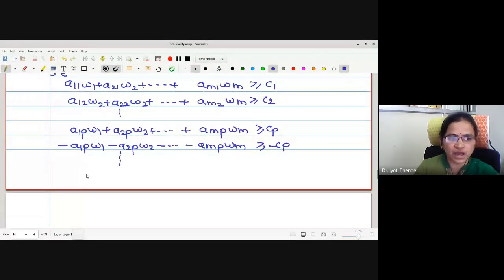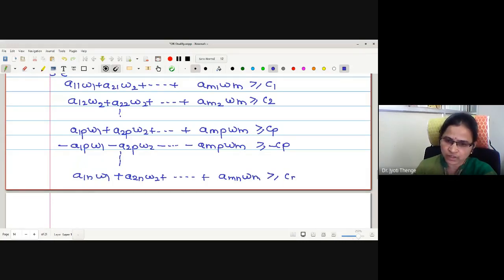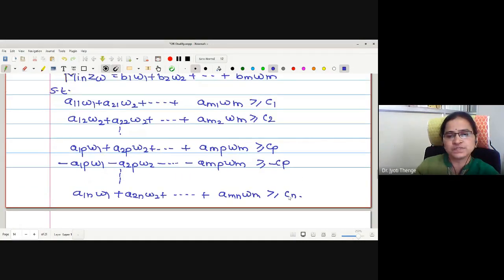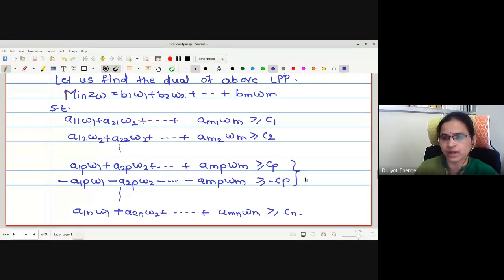And what will be the last one? a1n w1, a2n w2, amn wm greater than or equal to c_n. Right? Now observe these two pairs of inequalities.